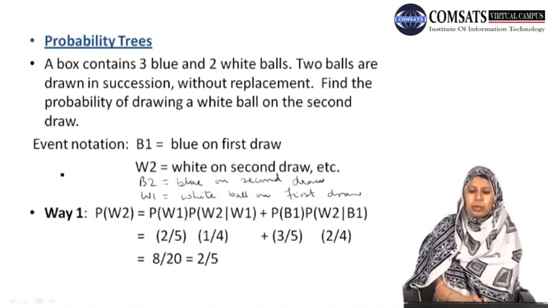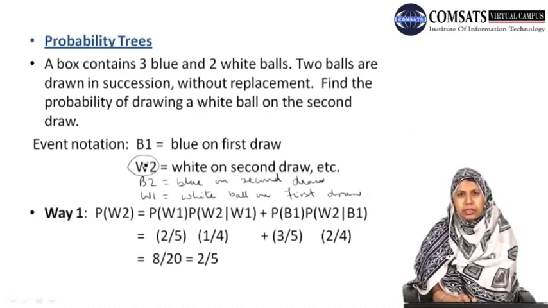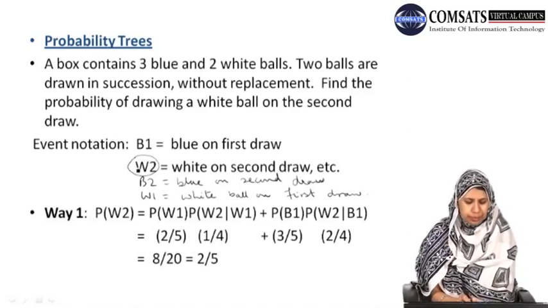Okay, and we are asked to find the probability of W2, that is obtaining the white ball on the second draw.